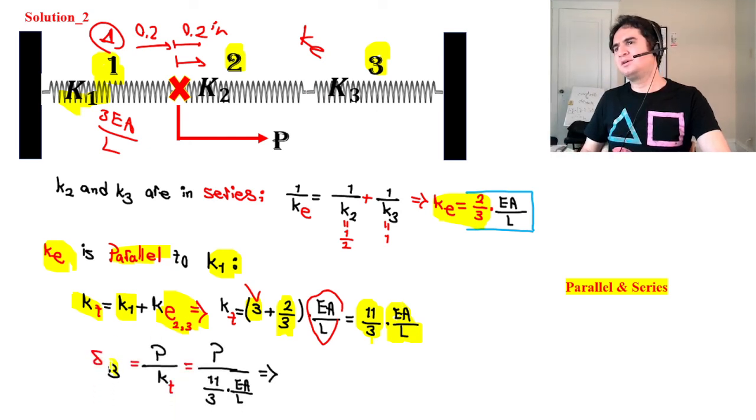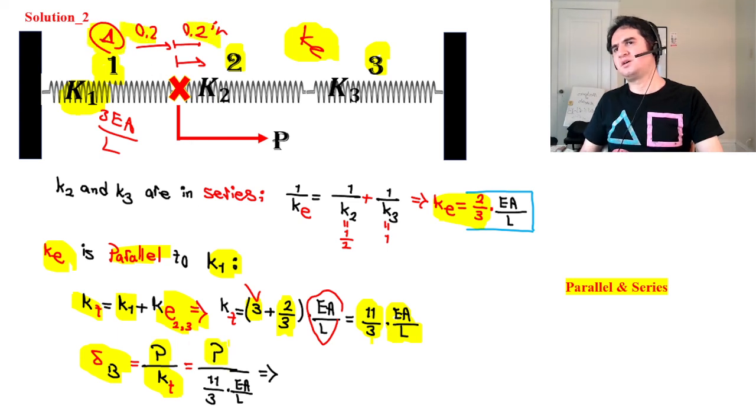And then delta B in the parallel case, where K1 is in parallel with K equivalent of the other half, is nothing but the force over total K. You remember in a parallel connection, delta remains the same in both.